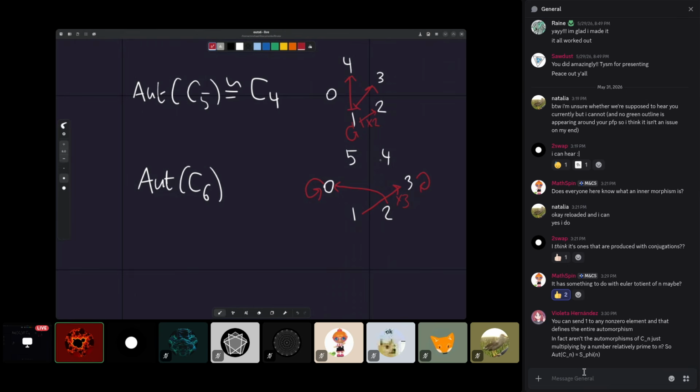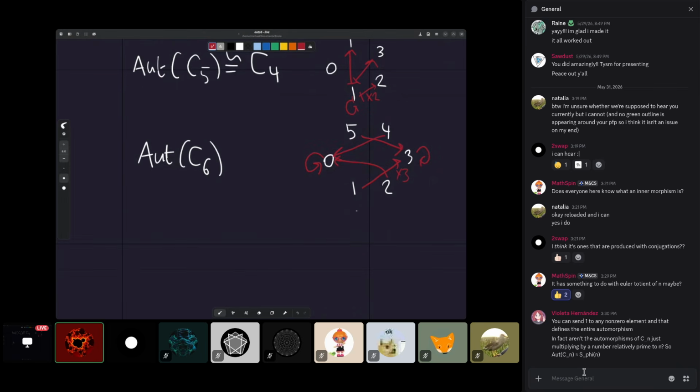Is that right? Yes, that must go there. Goes to 0. 12 mod 6 is 0. And then 5 is minus 1 mod 6. Multiplied by 3, you get minus 3 mod 6, which is 3. That goes there. And so you see that it's not an automorphism, it's not surjective, because we're not getting anything going to 1, 2, 5, or 4. And basically the thing that went wrong here is that 3 shares a factor with 6.